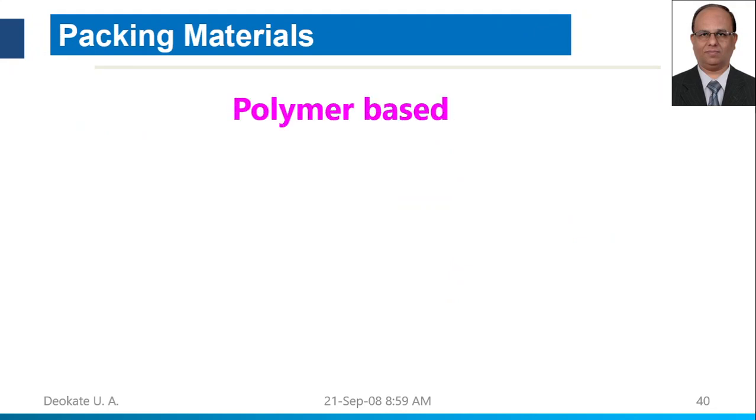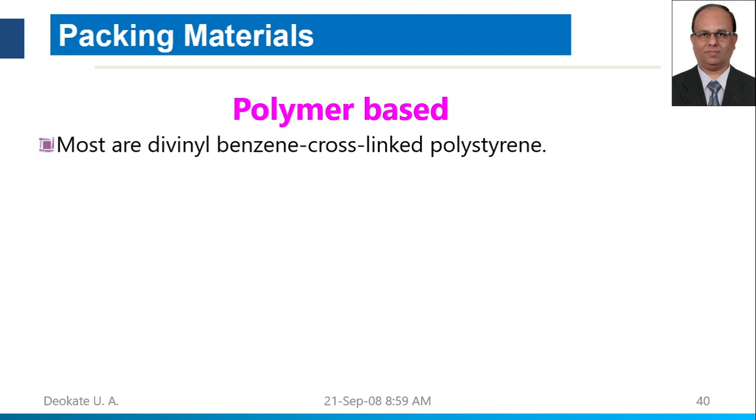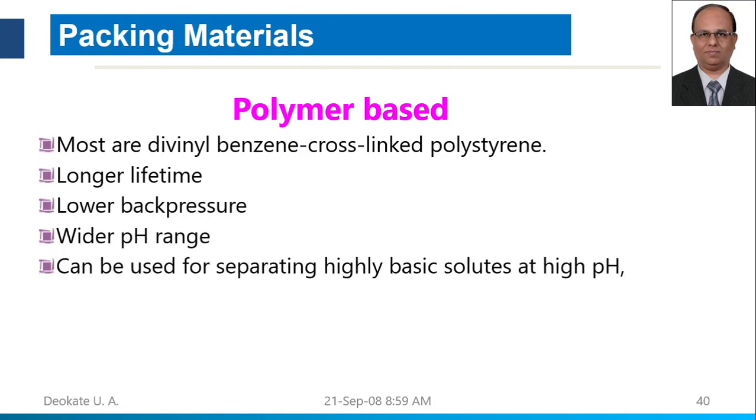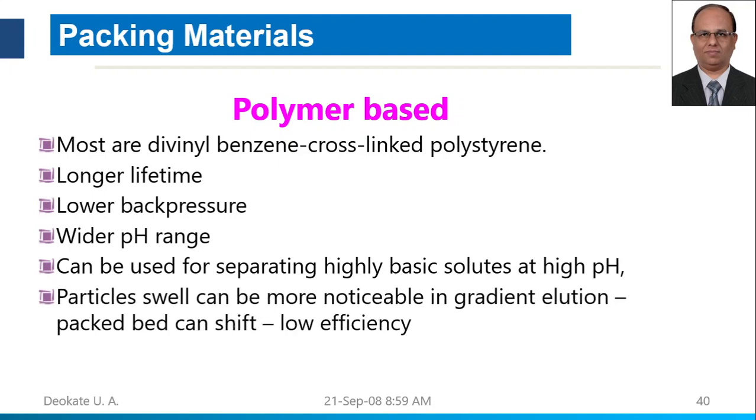Another packing material is polymer based. Most are divinyl benzene cross-linked polystyrenes. They have longer life and lower back pressure because they are porous. They have a wider pH range and can be used for separating highly basic solutes at higher pHs.